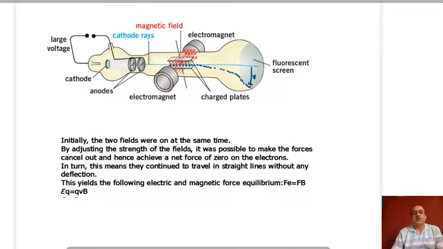Initially, two fields are used simultaneously: the electric field by the charged plate and the magnetic field by the electromagnet. They are perpendicular to each other.